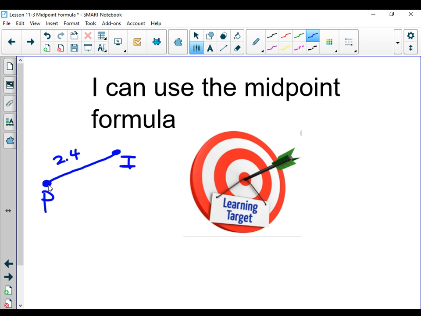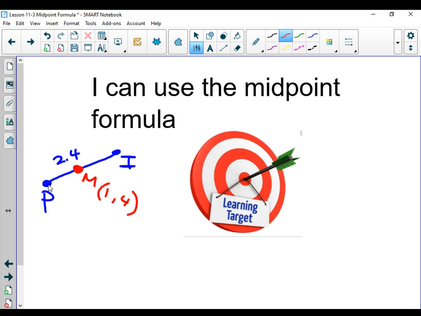Midpoint, though, tells us if I need to stop at Casey's, and that's the middle, because I'm thirsty and need some Gatorade, it tells me the coordinates of the point. So maybe this is 1, 4.